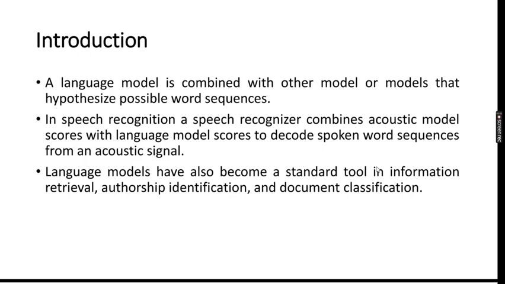Whenever we start typing a word, it immediately guesses and recommends the next word based on the previous words, or based on the sequence of words we have already typed. In speech recognition, the recognizer works with acoustic model scores and language model scores, which decode the existing words and give the next word based on the decoded value or acoustic signal.